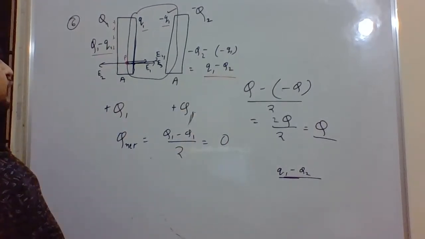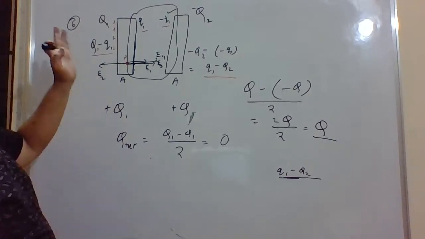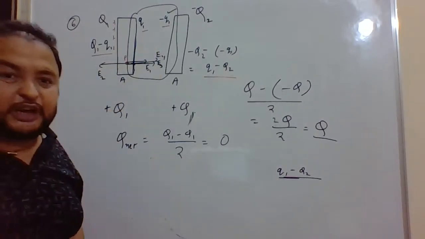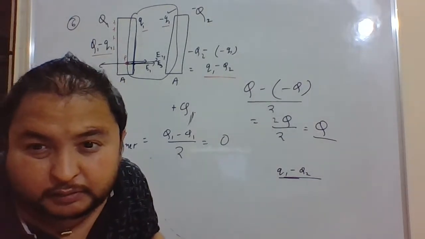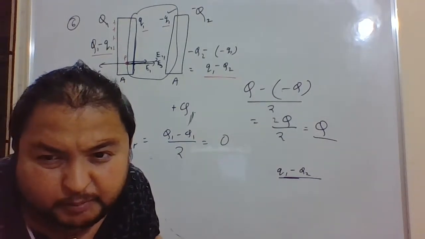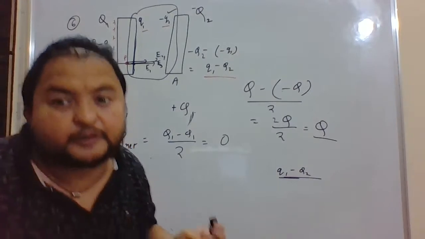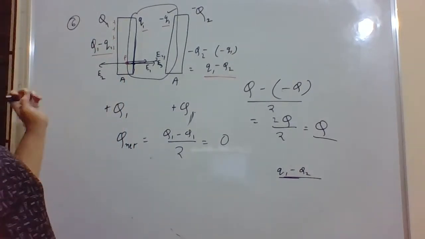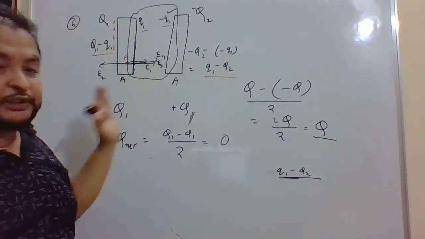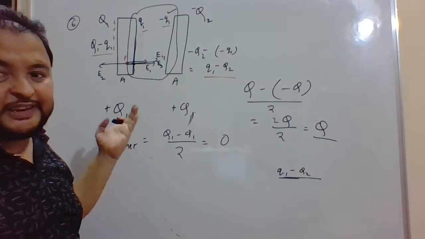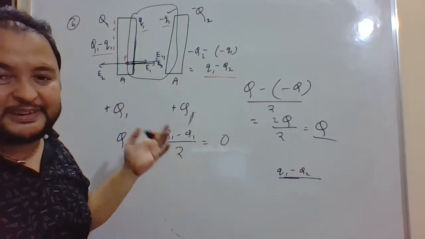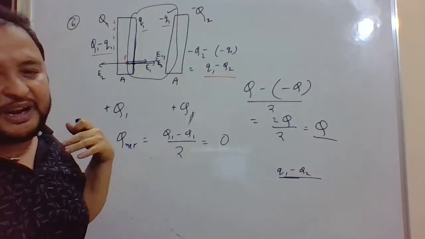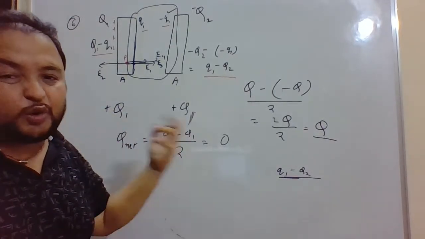So if both the plates have the same charge, plus Q and plus Q, there will be no potential difference. If there is no potential difference, there is no electric field, and obviously it cannot store any charge.